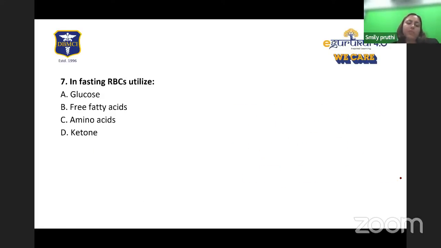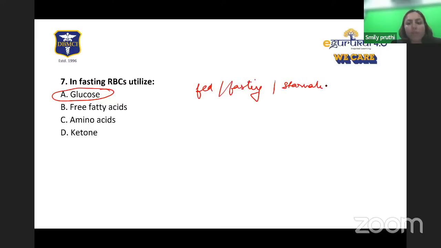In fasting, RBCs utilize, tell me the answer. In fasting, RBCs utilize glucose. Whether it is fed state or fasting state or starvation state, RBCs are on glucose, right?